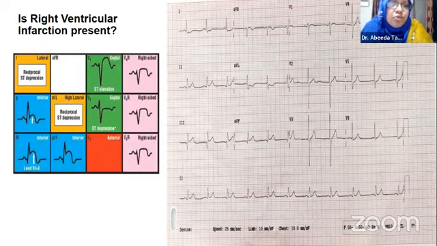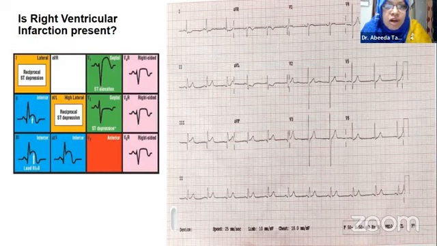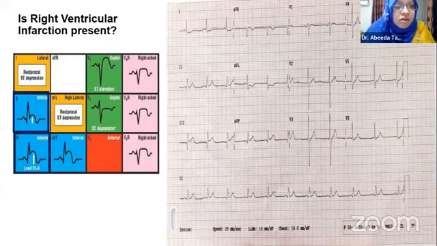If we look at the right-sided ECG, V4 to V6 right-sided, if there is ST elevation, we can call it right ventricular infarction. But unfortunately here we could not show you.